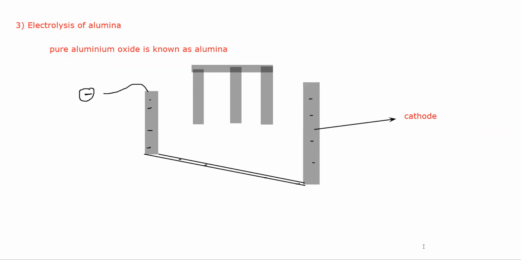We call them cathode. Then the rods which are dipped in the molten electrolyte are connected with the positive terminal of the battery. So if something is connected to the positive terminal of the battery, we call that anode.